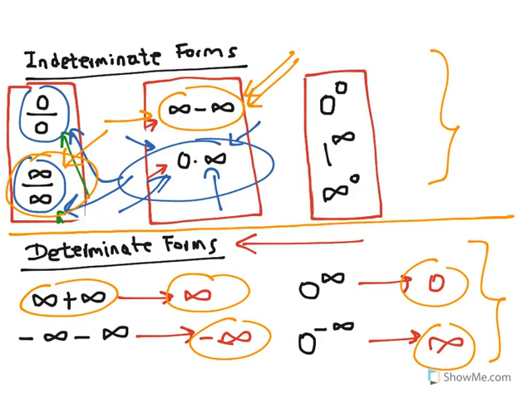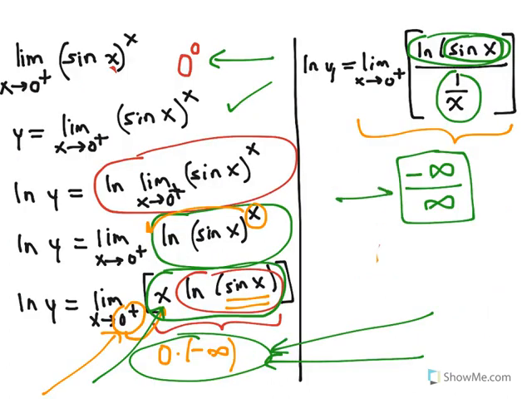Infinity over infinity and negative infinity over infinity are considered equivalent for this purpose. It's like you can write negative 1 times infinity over infinity. So this is, in fact, an indeterminate form for which you can use L'Hopital's rule.